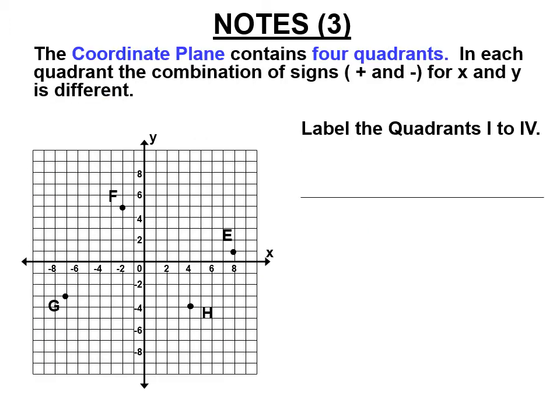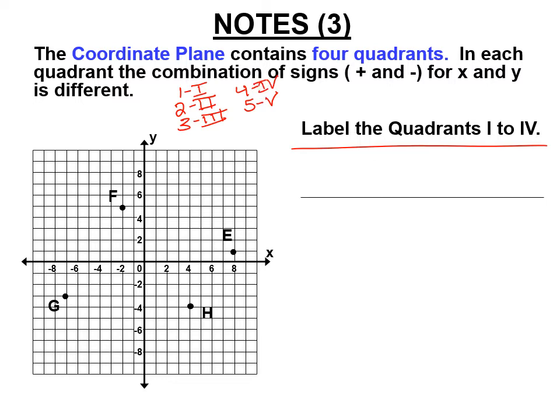All right, so that was the first quadrant. Now there are 4 quadrants. So it says label the quadrants I to IV. What the heck is that? Well, that's called Roman numerals. The Romans thought 1 should be I, and 2 should be II, and 3 should be III. They did 4 a little differently. 5, they decided was V. So they decided 4 was 1 less than 5, or IV.